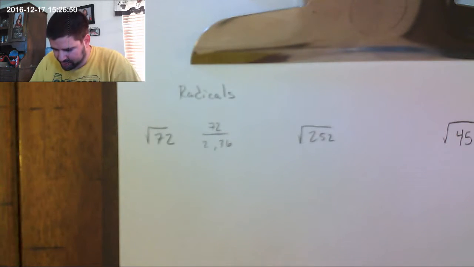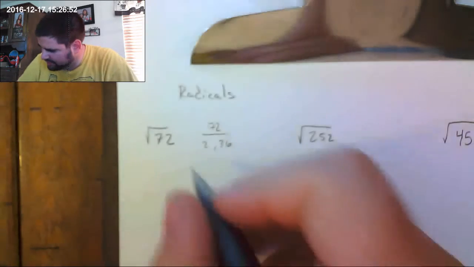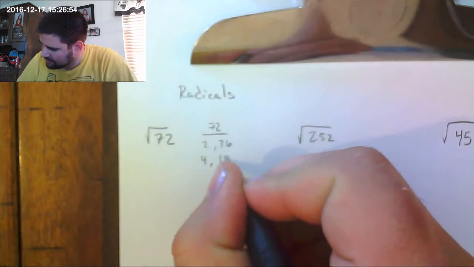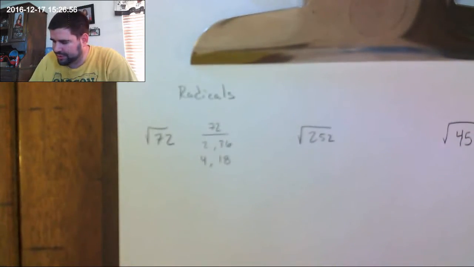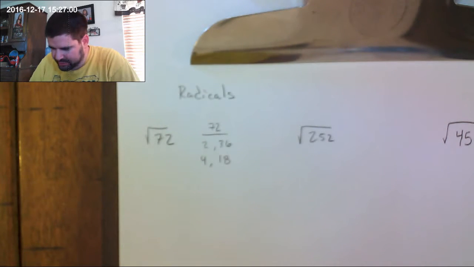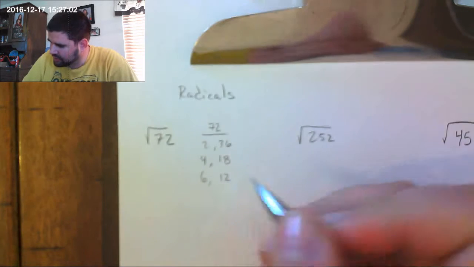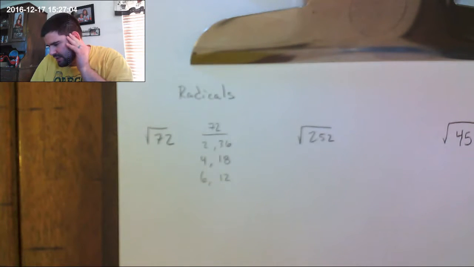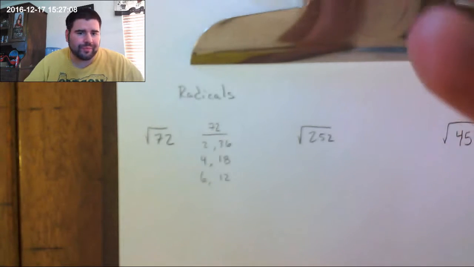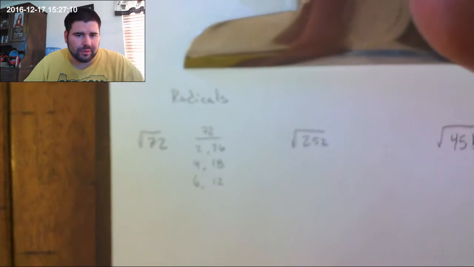If you use a calculator, you can divide by 4, you'll get 18. And if you do 72 and 6, you got 6 and 12. And I think that's going to be about it for our stuff.